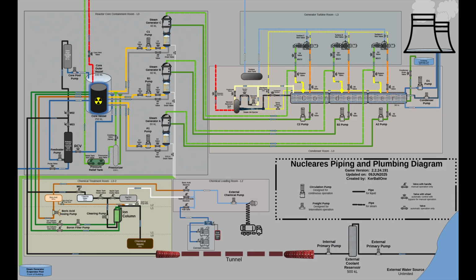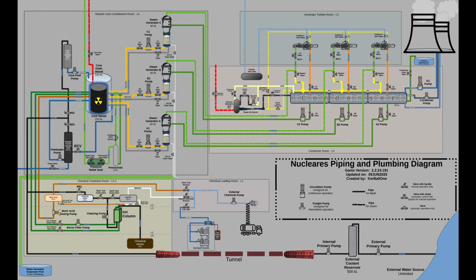But yeah, that was a quick video. It's just me trying to help you guys understand the piping layout of what's going where and what's coming from what, basically. Because there are certain things where you don't actually know where most of the steam is going to, but this diagram will help you out tremendously.